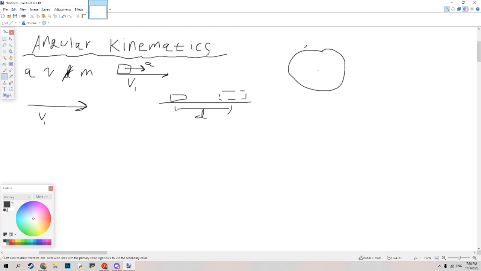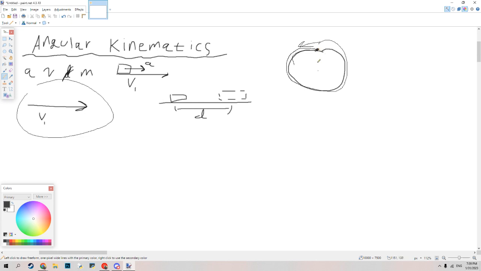But when you envision a circle and a point on that circle moving around it, it's not really a linear movement. You can't really use these lines to calculate the distance which this object is moving, at least not to any meaningful degree.